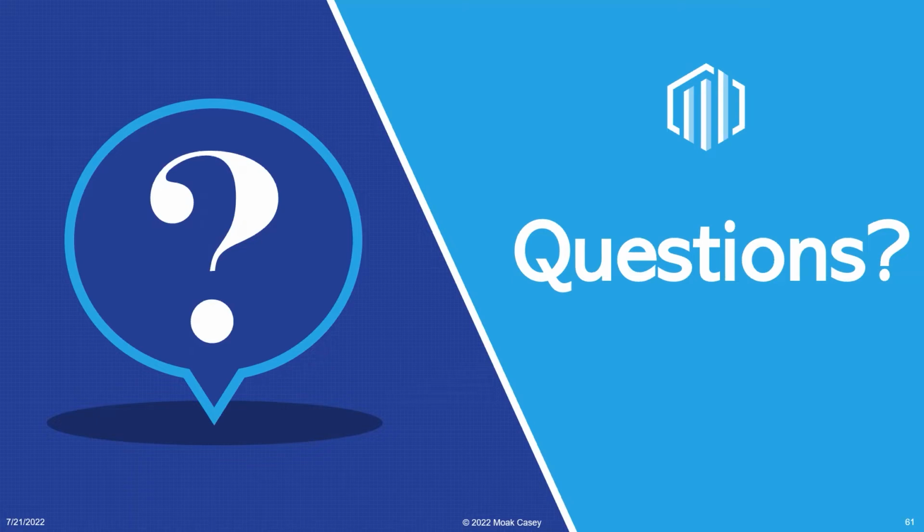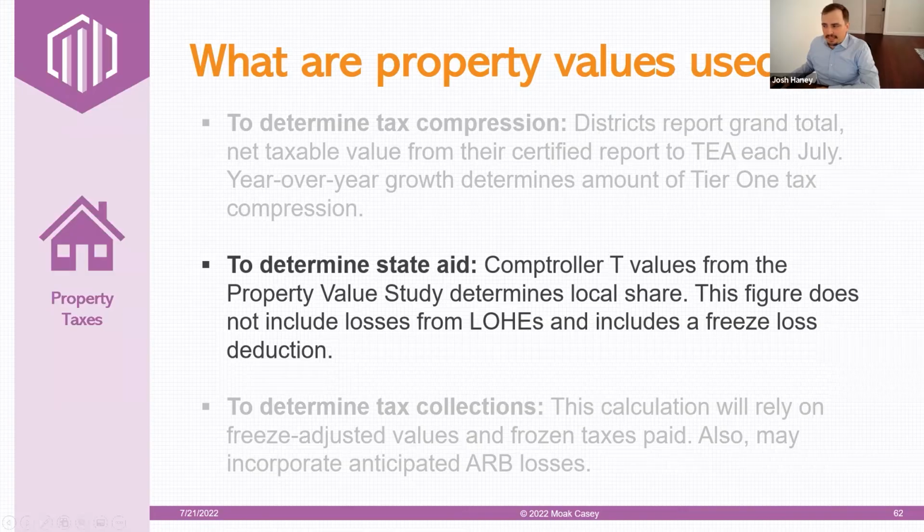All right. So we are going to get back going with our regularly scheduled programming here. Next up is how to look at those certified value reports and sort of project what your T values are going to be.